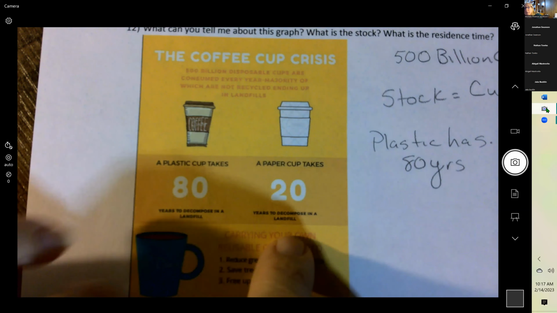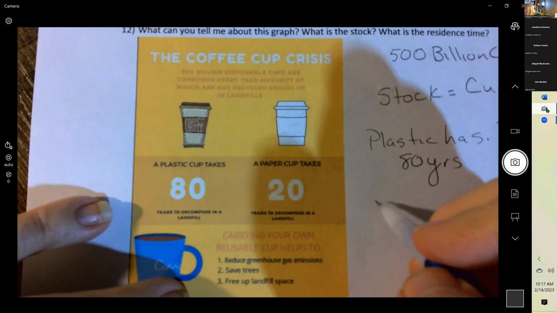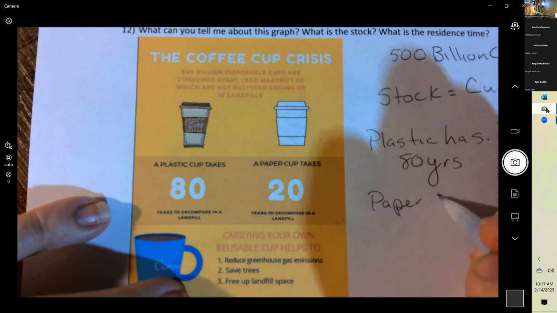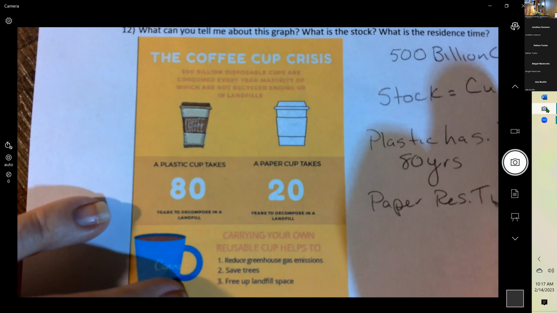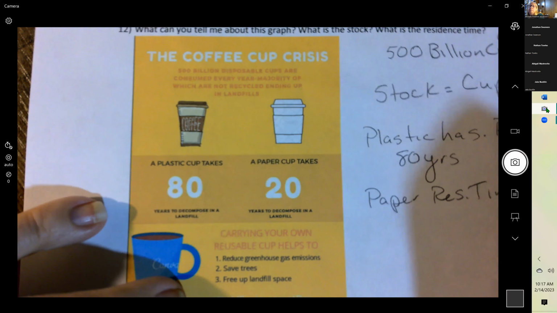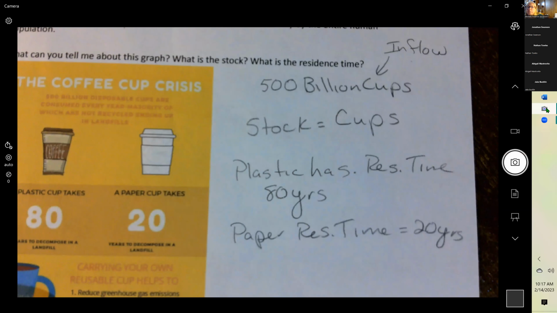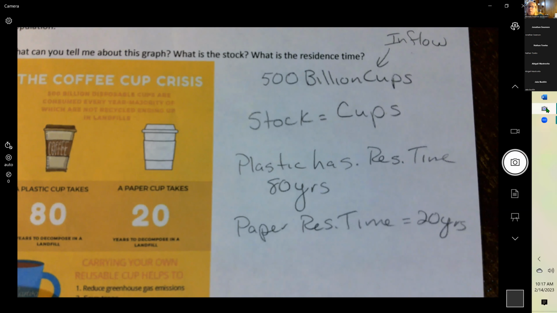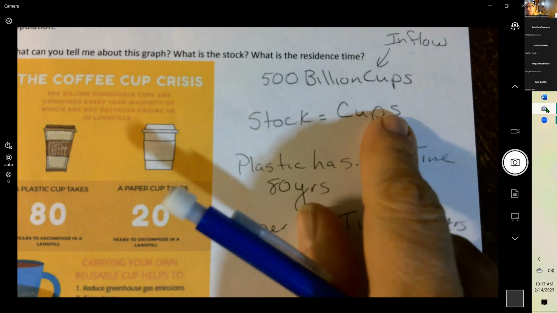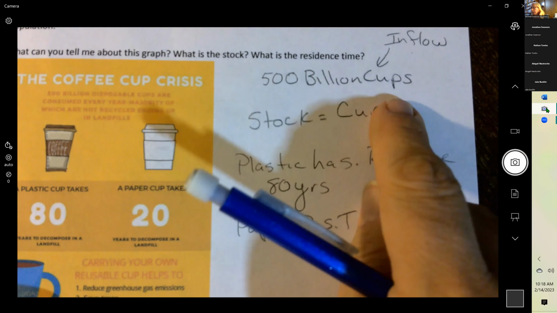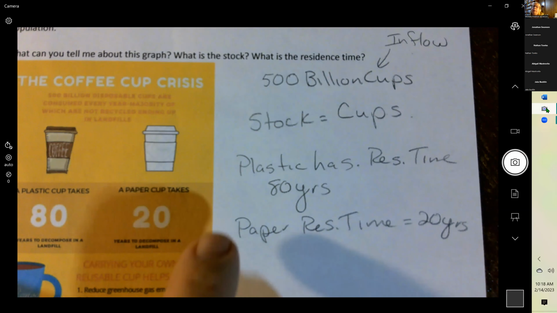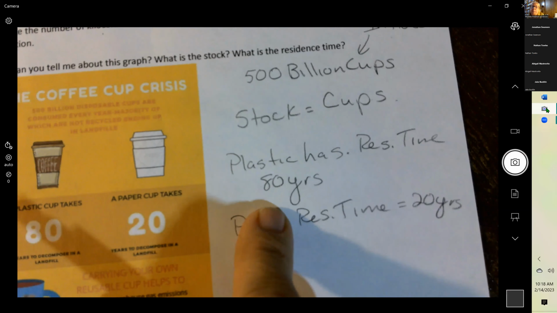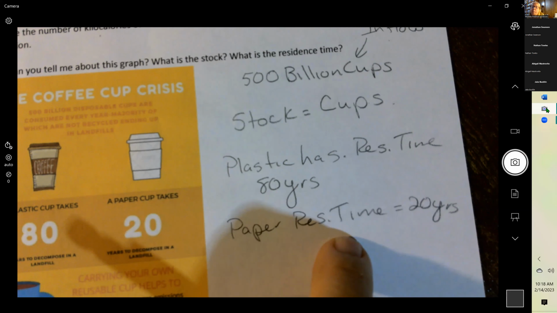Paper takes 20 years. So the stock is the cups, the inflow is the 500 billion, and plastic is 80 years, and paper is 20.